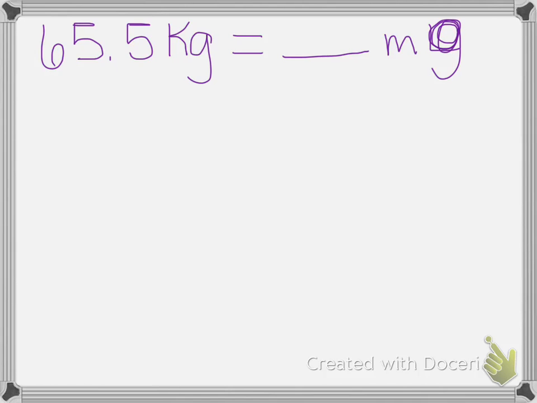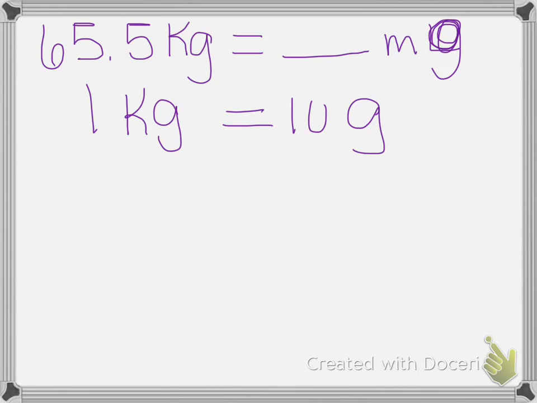How about milligrams? So this is actually a two-step problem. If I go back to the chart I looked at earlier, your stair step, you'd say, okay, kilograms to grams. For every 1 kilogram, there's 10 to the third grams.